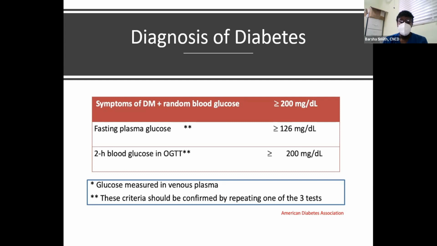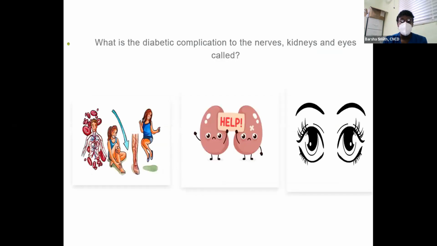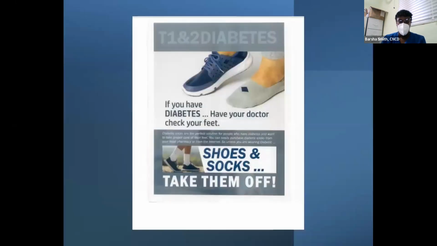You would need to have these patients come back and have a repeat fasting blood sugar done and the HbA1c. And based on those results, along with the symptoms, these persons would then be classified as diabetic. So that's why it's important when these patients with diabetes come to us, because of the nerve damage to their feet, we have to ask them, shoes and socks, take them off.